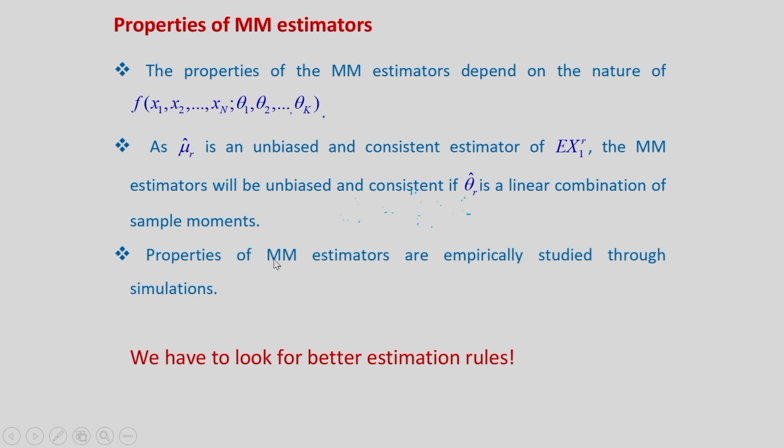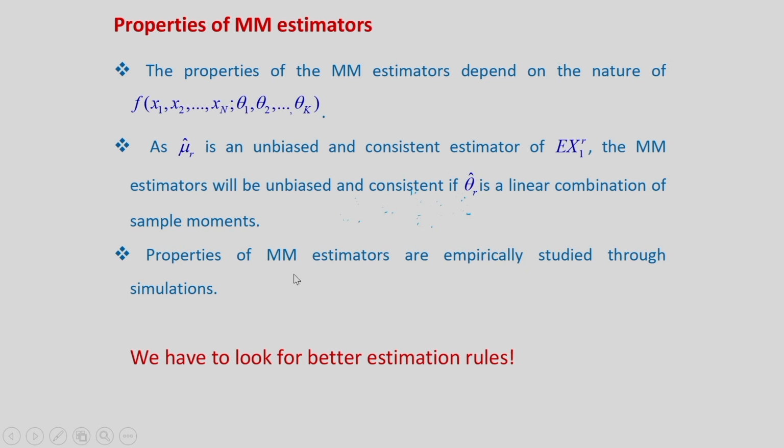Usually, properties of estimators are empirically studied through simulation, because the general properties are not obvious. We apply numerical simulation to find out, for example, bias, variance, etc., and then establish whether it is a consistent estimator, whether it is an unbiased estimator, etc. So, this is a very simple estimator.